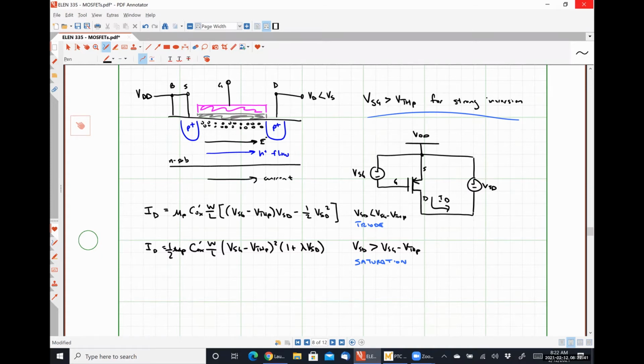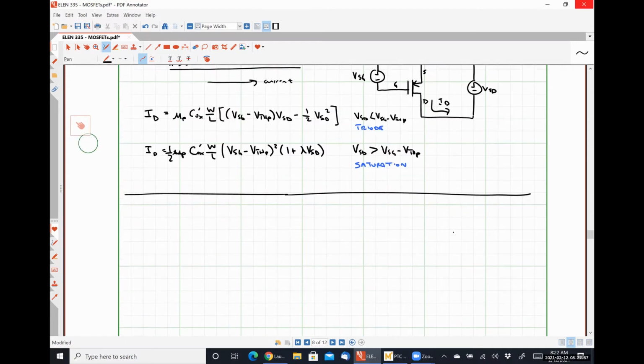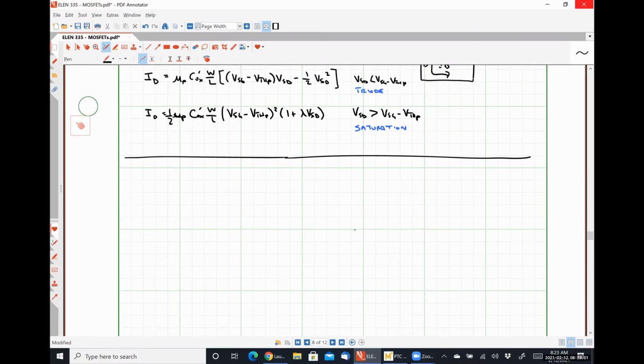All right. So we're going to skip over biasing circuits just real quick, just to point something out here, okay? So let's say that I have the following circuit.